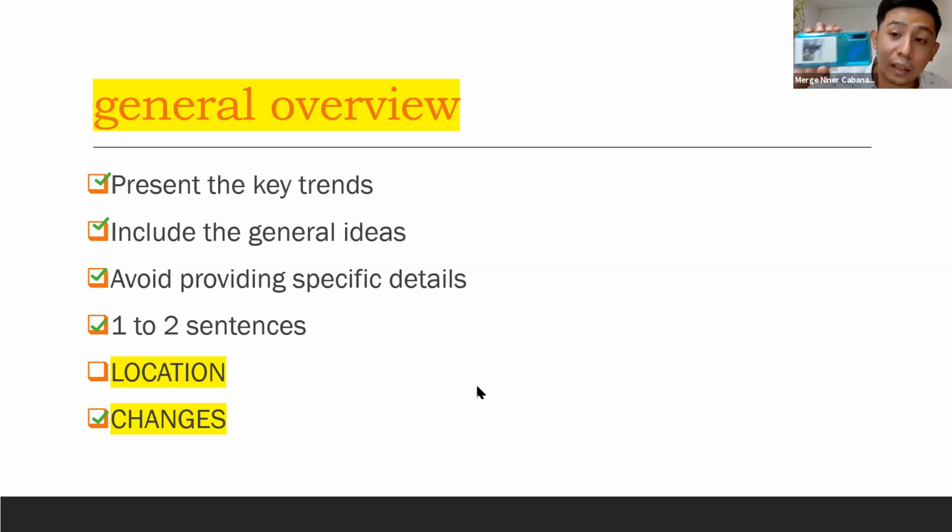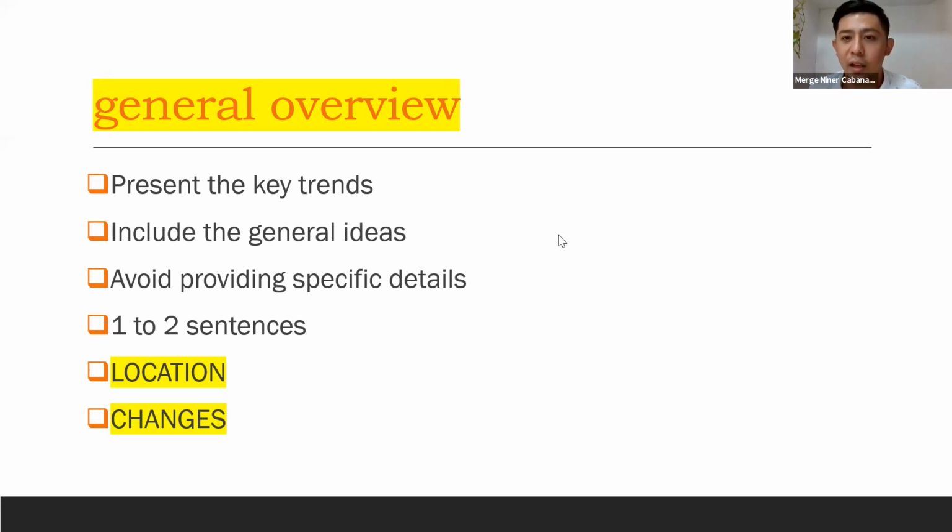Yes. Do you think we can say it expanded? Yes. Were there any changes in locations? Yes. If there are changes in locations, if there were some added amenities, then that is the general idea that you have to include. Okay.